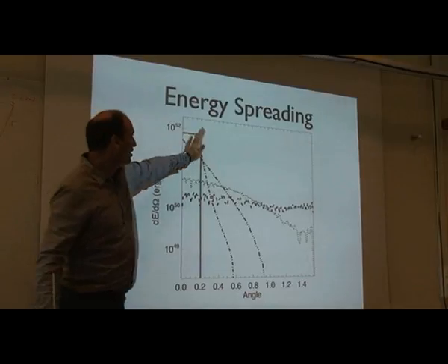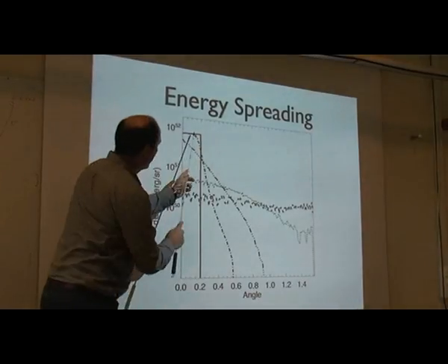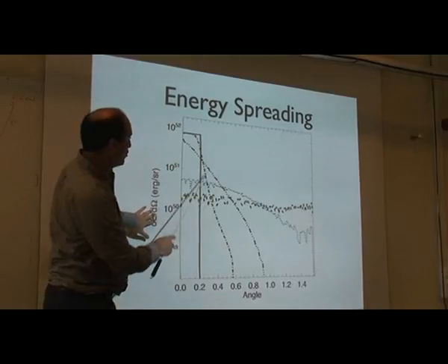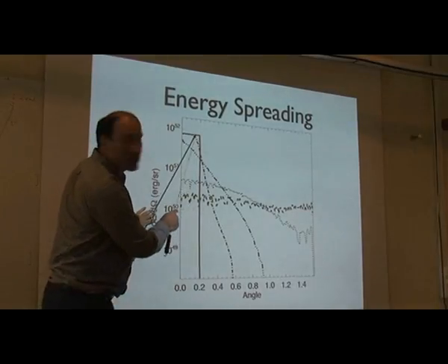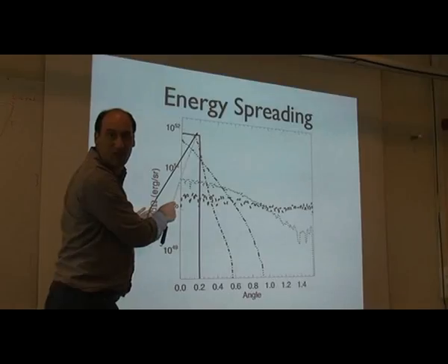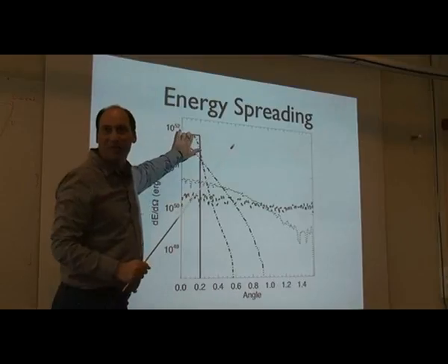What happens hydrodynamically is that there's an expansion. This thing right here shows the energy per solid angle. It expands sideways, and then there's a rarefaction that's communicating the expansion inwards. So the middle part of the jet is still behaving as if nothing happened.